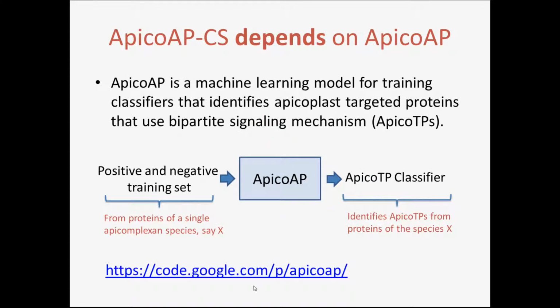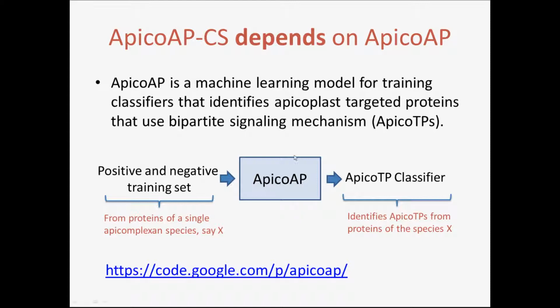ApicoAP CS depends on a machine learning model called ApicoAP. ApicoAP is a model for training classifiers that identifies apico+ targeted proteins that use bipartite signaling mechanism. I'll call these proteins in short ApicoTPs.